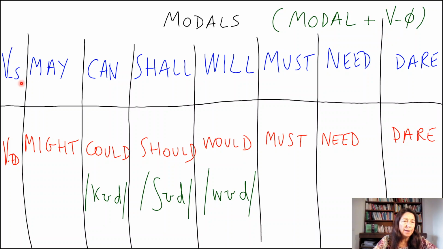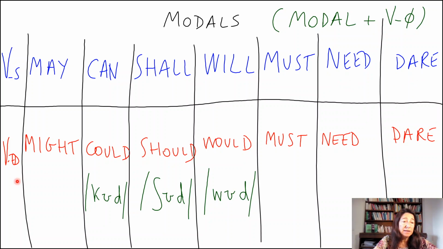And so this is an exhaustive list. All the modals appear here on this page. And you can see that they can be used either with the present tense or with the past tense. So in the present tense: may, can, shall, will, must, need, dare.